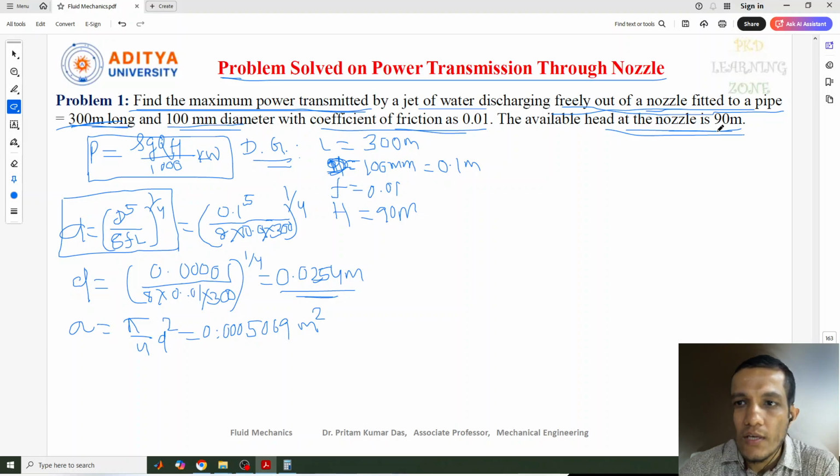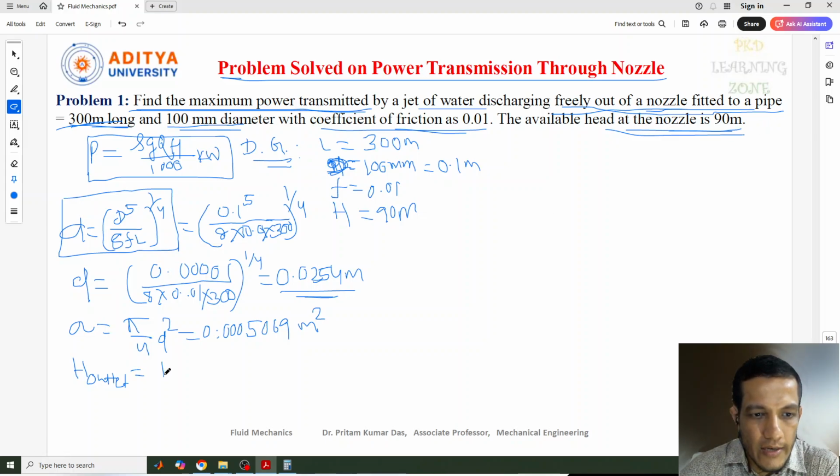Now the nozzle is at the outlet of the discharge, which is coming out to the atmosphere. So the total head which is available at the nozzle, that means the head at the outlet condition, is totally converted into kinetic energy.